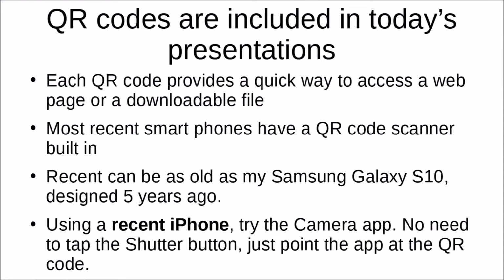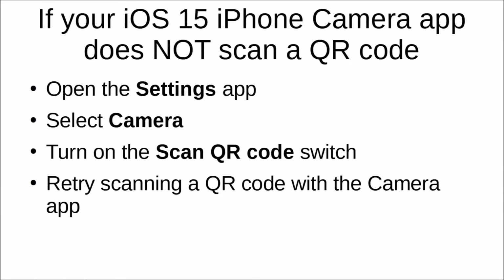Recent iPhone also. Mine is not so recent. It's an iPhone 10. The camera app does scan QR codes. You don't even have to tap the shutter button. Just point it at the QR code and it recognizes it and gives you an option to open the URL if that's what the QR code contains or whatever else is in the QR code.